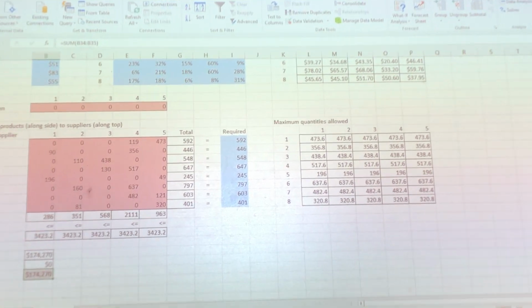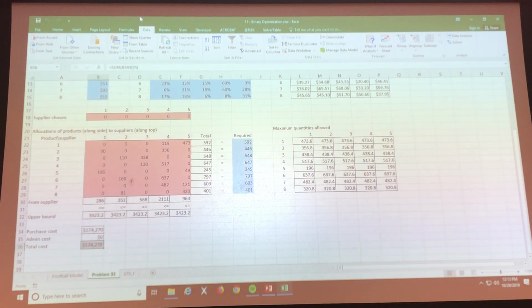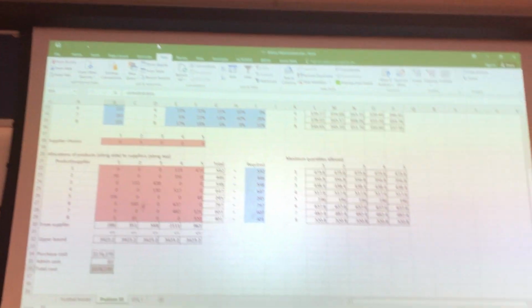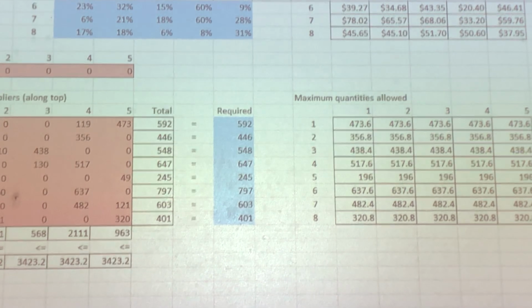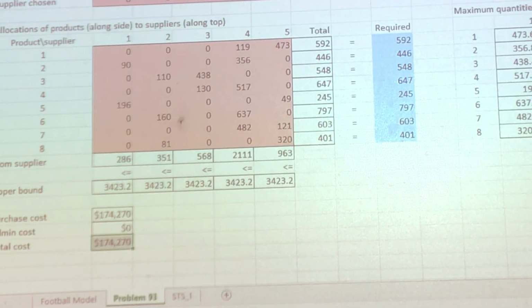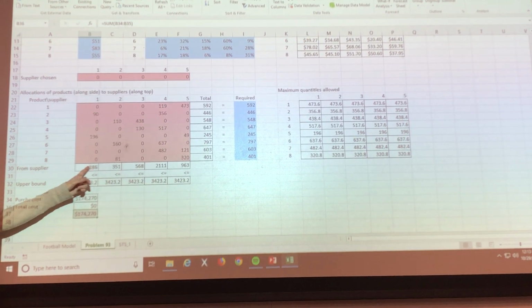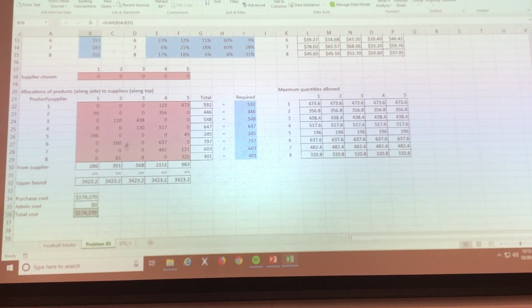But how would we incorporate that in the model in such a way to make that happen? What was allowing us to use these suppliers?